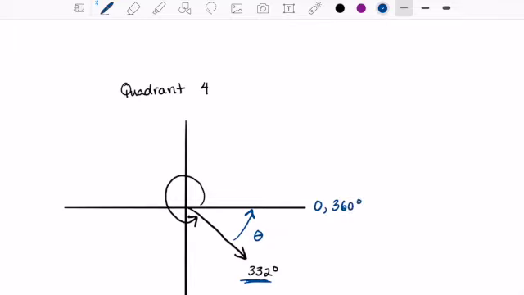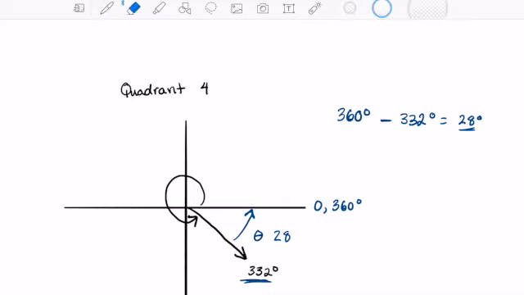So my steps for finding my reference angle in quadrant 4 is going to be 360 degrees minus your standard position angle. So 360 minus 332 gives us 28 degrees. Our reference angle here is 28 degrees. Easy. So again, just depending upon what quadrant we're in, we're going to follow those very simple steps.